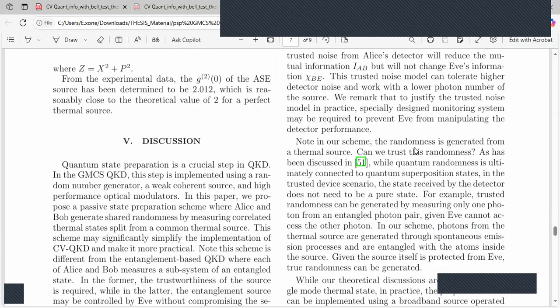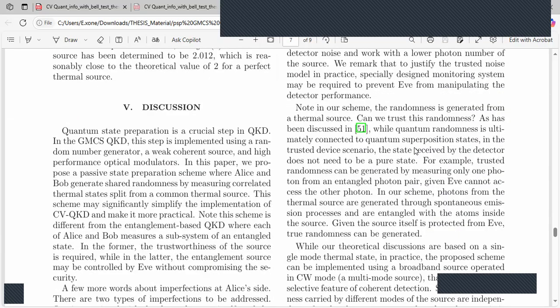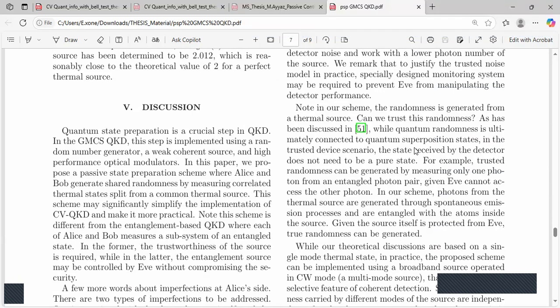In the discussion section, the author is mentioning some limitations of the analysis that he has discussed above.